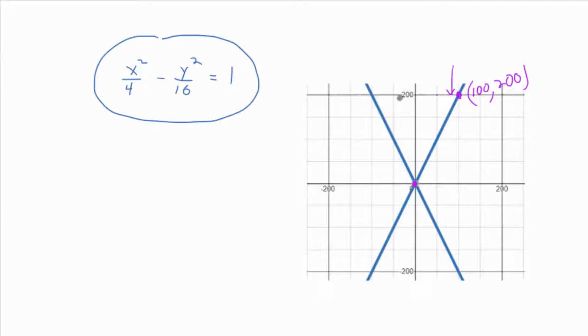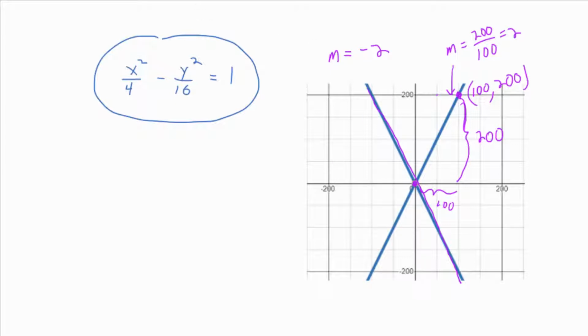So we could call the slope of this line that increases from left to right: the rise would be 200, the run would be 100. So the slope is 200 over 100, which is 2. If you do the same analysis for the line that decreases from left to right, it turns out that will have the opposite slope, -2.